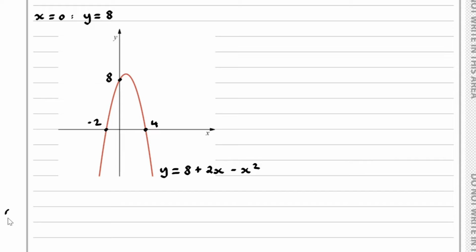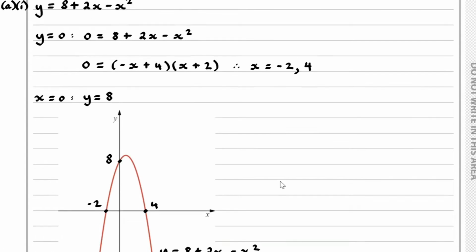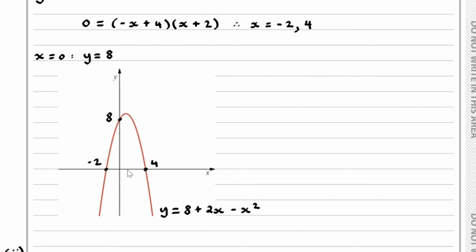So, for me to sketch that graph, if I mod x, that means for this portion of the graph, I need to reflect it in the y-axis, so I end up with something looking like this.